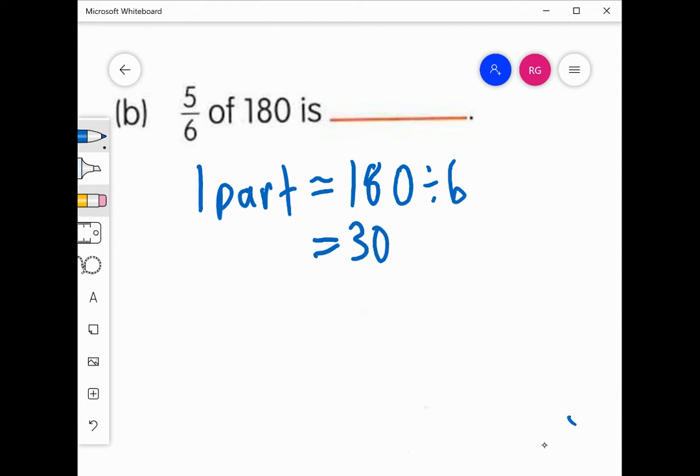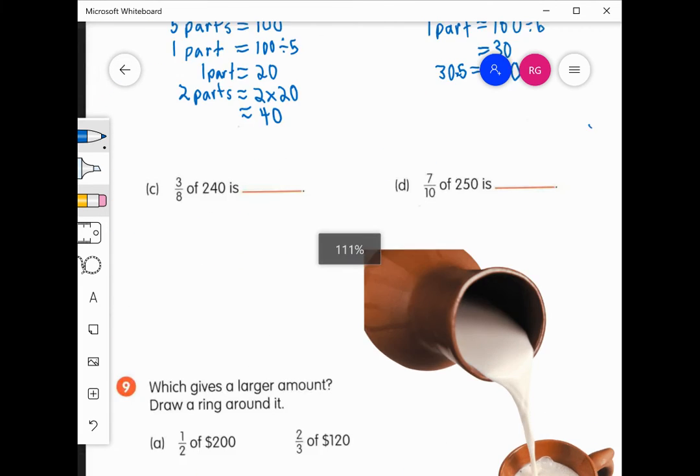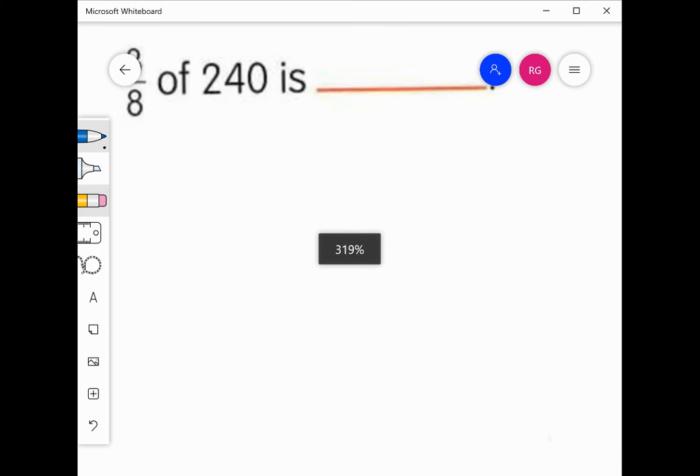And I know that I have 30 times 5 parts. 30 times 5 equals 150. So I should say this is 150. All right, so we can start to move a little bit faster through these next ones.